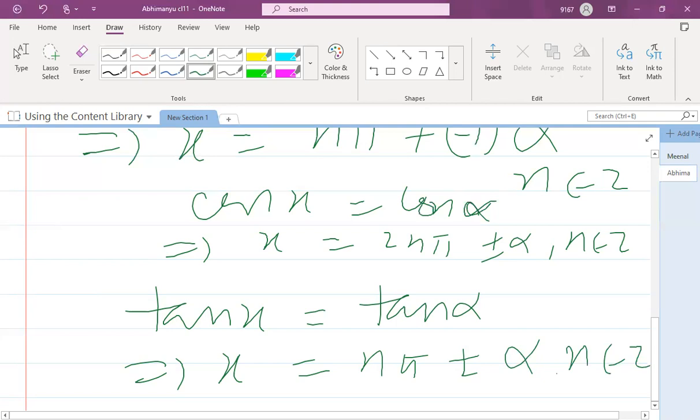So trigonometric functions, exercise 3.4.